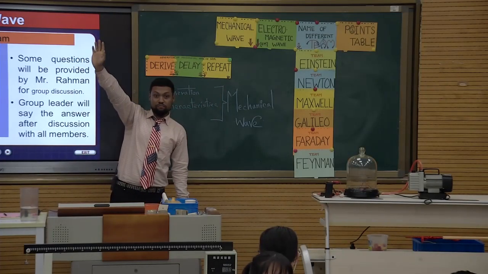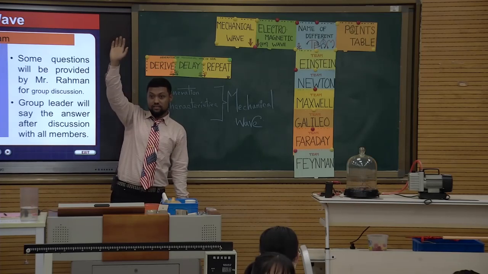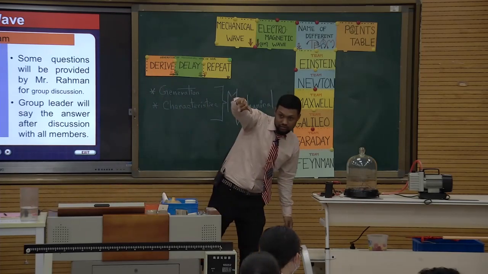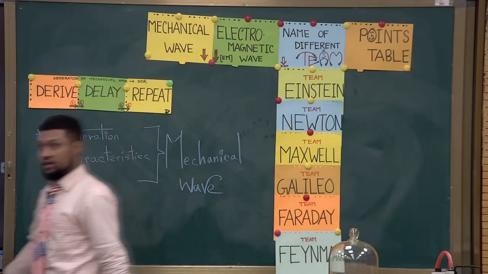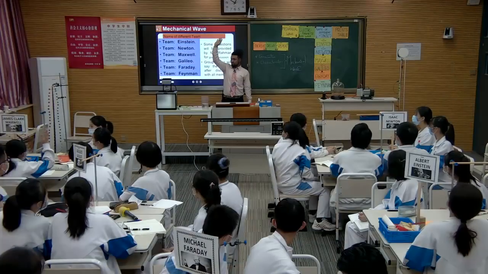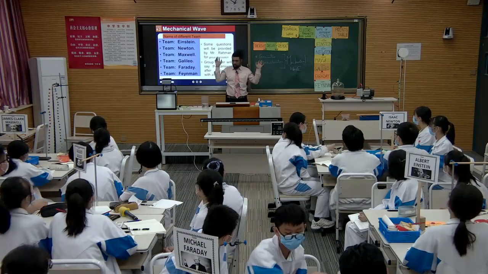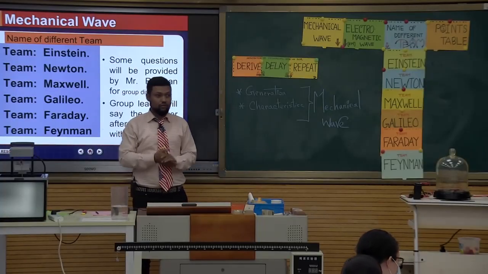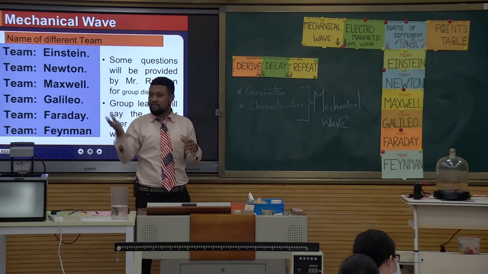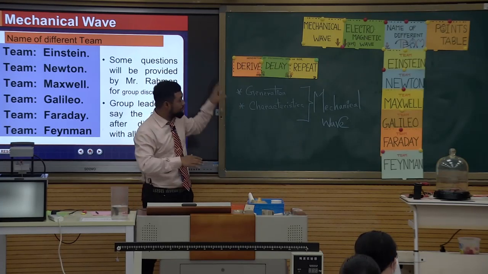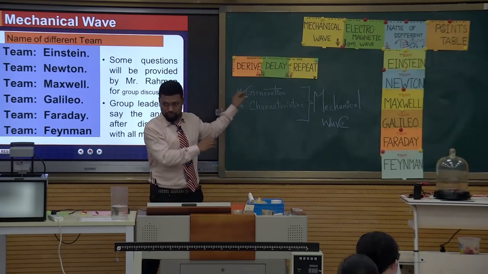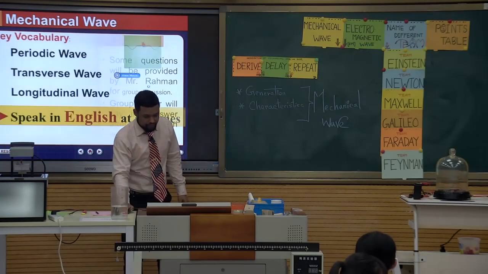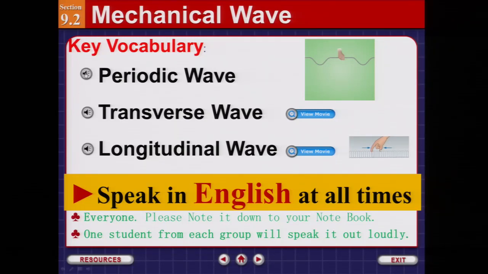Michael Faraday group, raise your hand. Then over here, I can't see. Galileo group, right? You can see also the whole name over here, and also the Maxwell group. That's good. So you just work together, and I'll give you some work and some activities. All of you will work together, and the team leader will come over here and put all those papers and activities on the board. Okay? Cool.